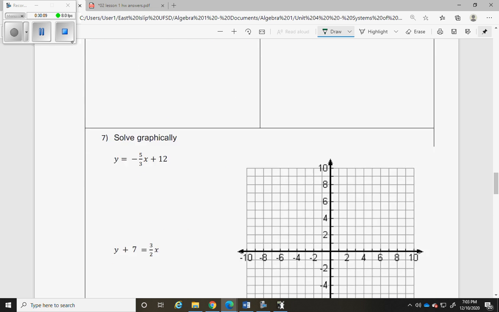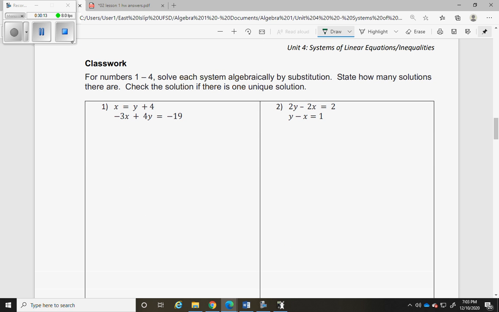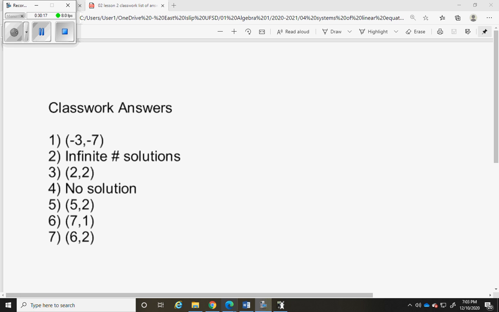You are going to try a few of these, and I'm going to put up the answers. When you hand your work in to me on Google Classroom, I need to see the notes that we just took, and I need to see your homework completed.